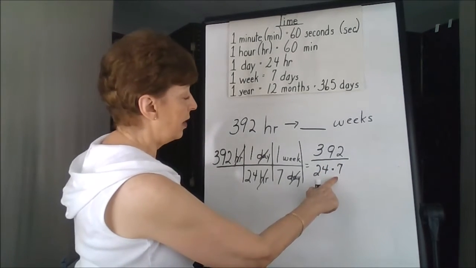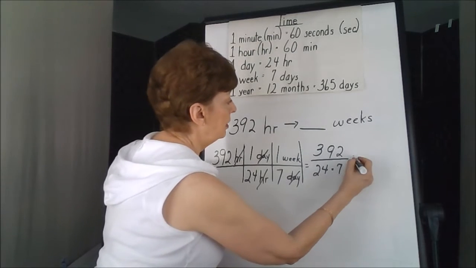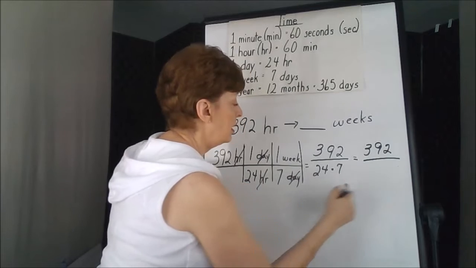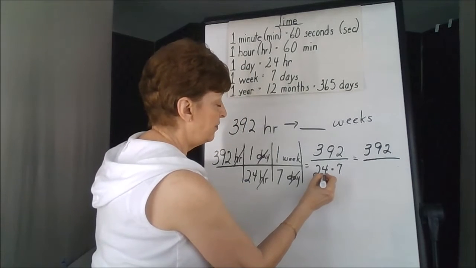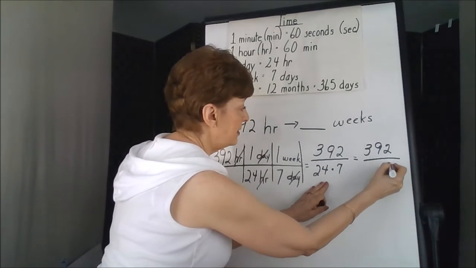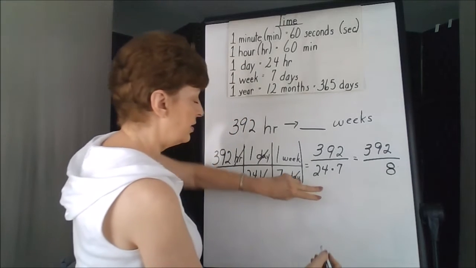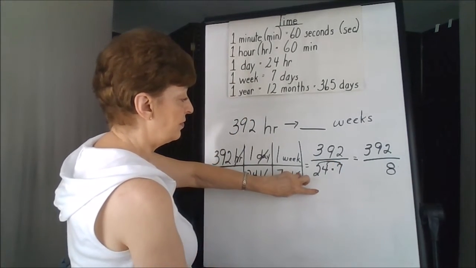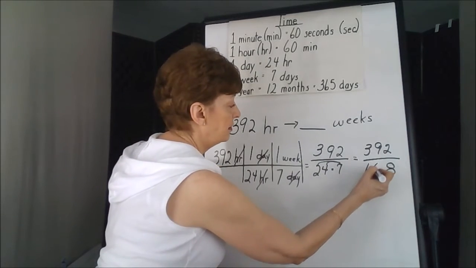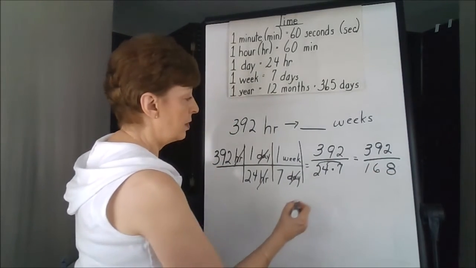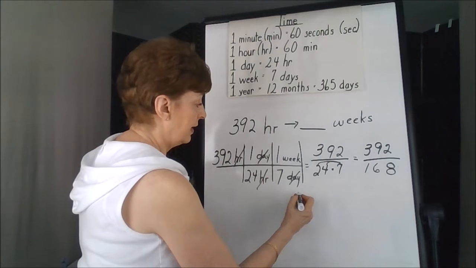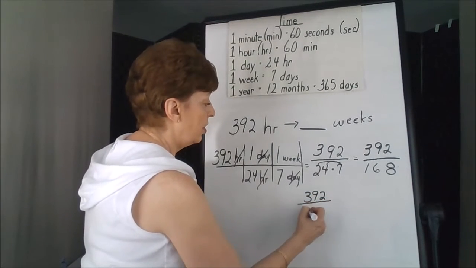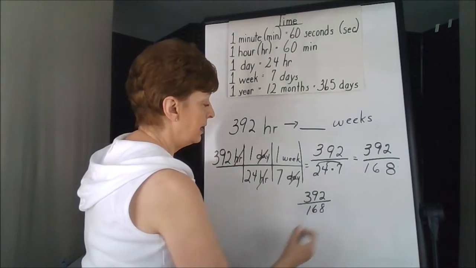So that would be a calculation that we would have to do. 7 times 4 is 28. I'm carrying 2. 7 times 2 is 14, 15, 16. So our end number is 392 over 168.